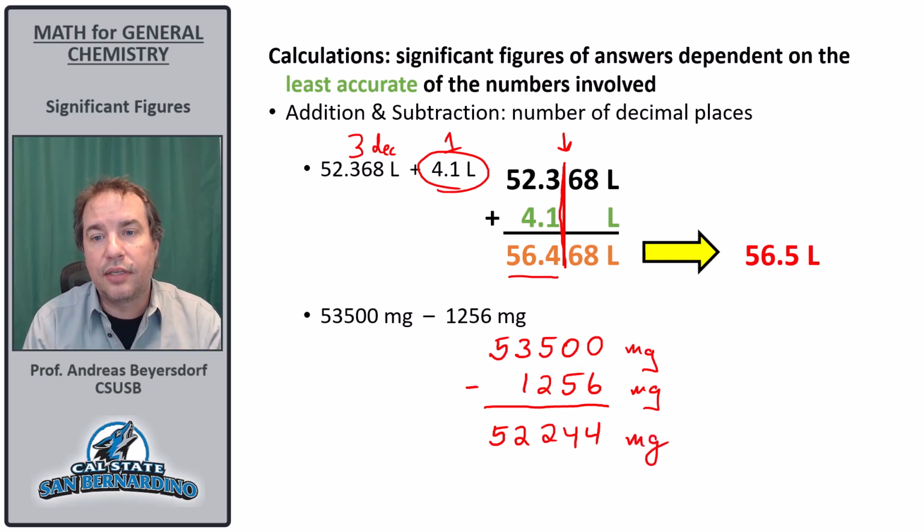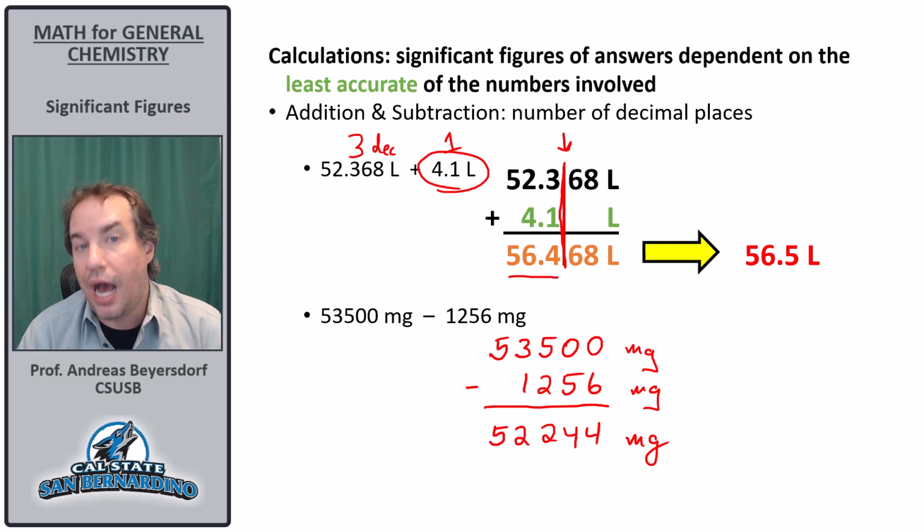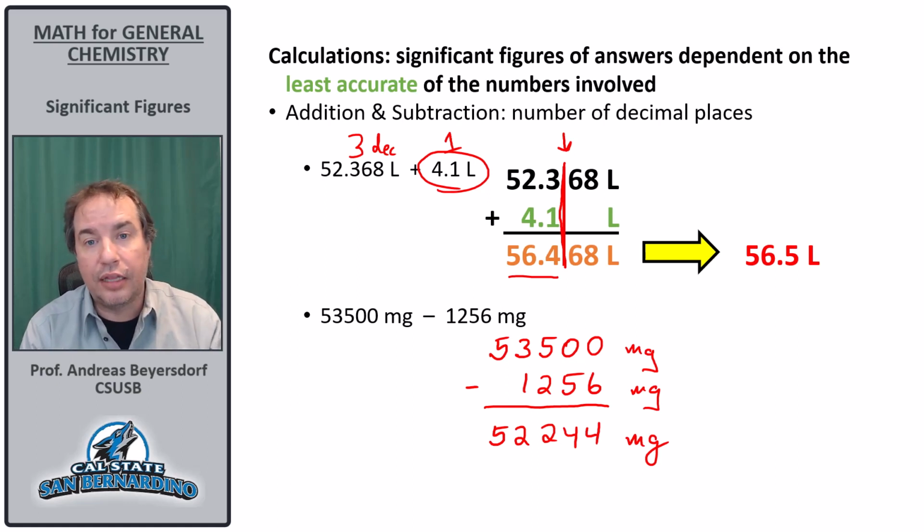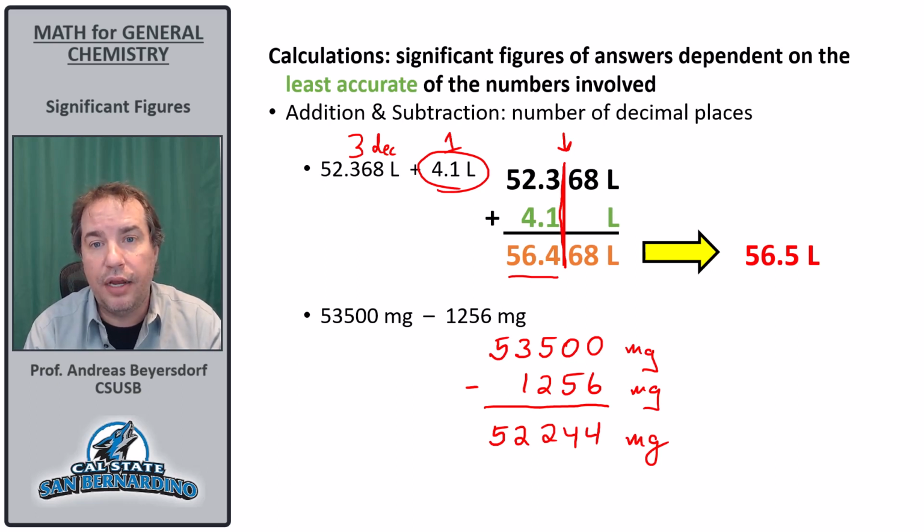Well, in this case, I look at it and I might think I'm done, but I'm not. What I have to do is look at these two numbers. This one on the left, 53,500. Notice that these zeros here are not significant. Why? Because there's no decimal point, right?